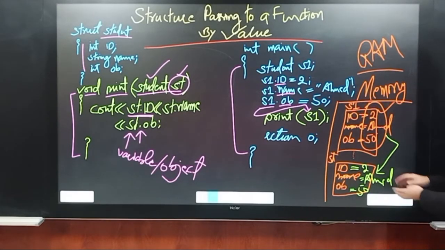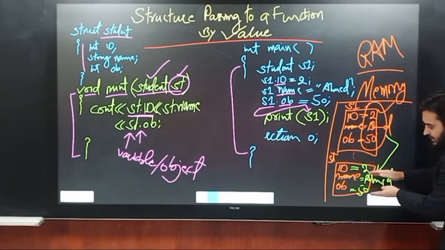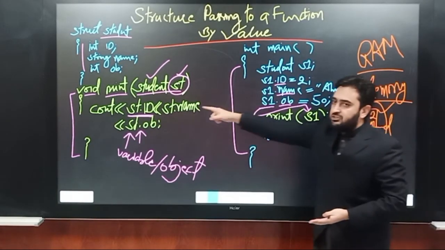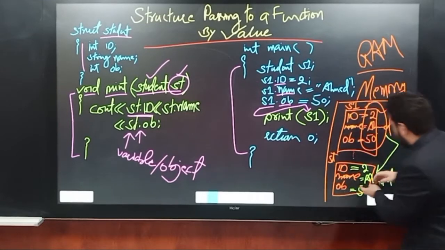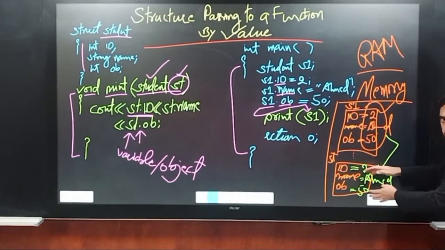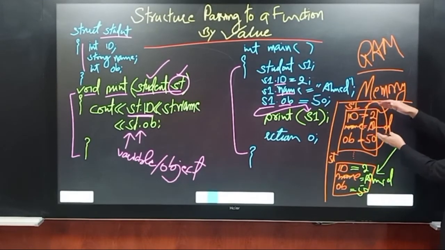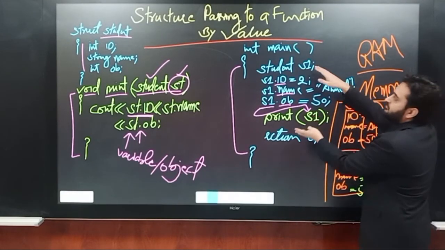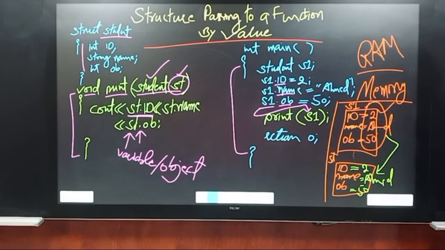Okay, and you can even change the values inside the ST object in the user defined function, and those changes will have no effect on S1, the object which is defined in the main function.